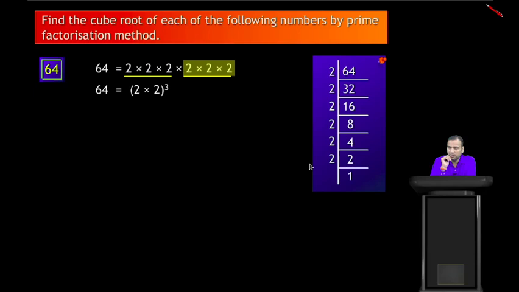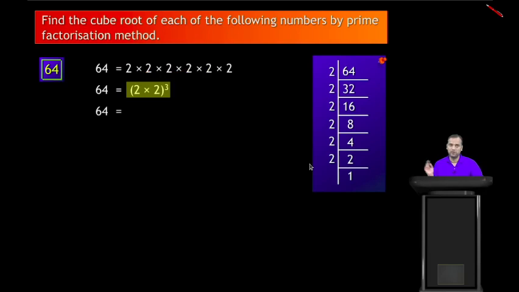So look here again, how did we solve this one? First we find the prime factors, then we make groups of 3, and from each group we pick one number. So 2 from here and 2 from here, then multiply and cube the whole number. Now what is 2 into 2?